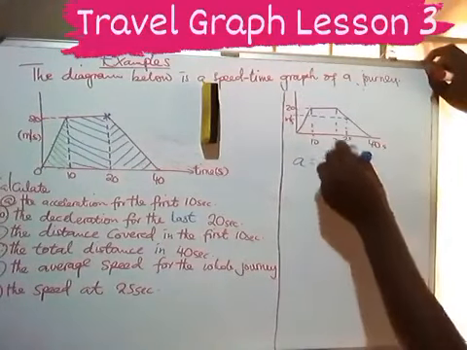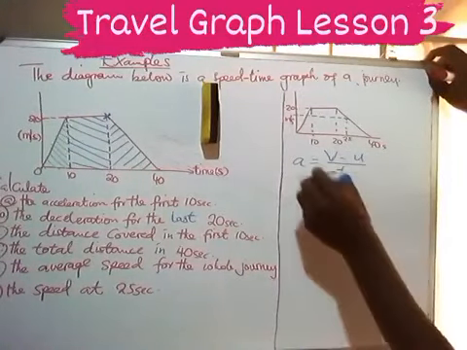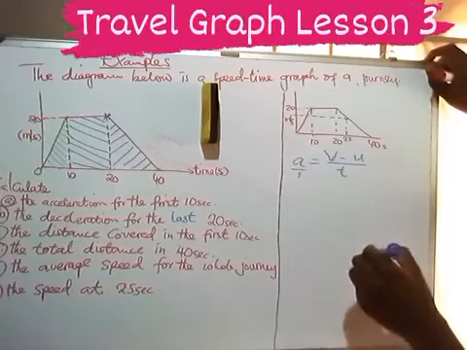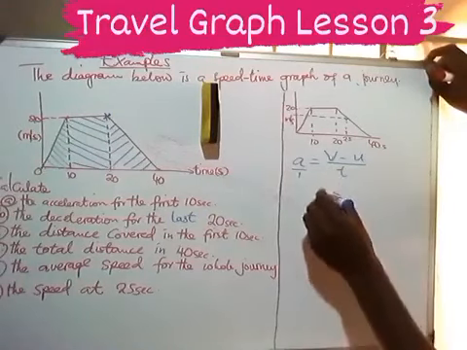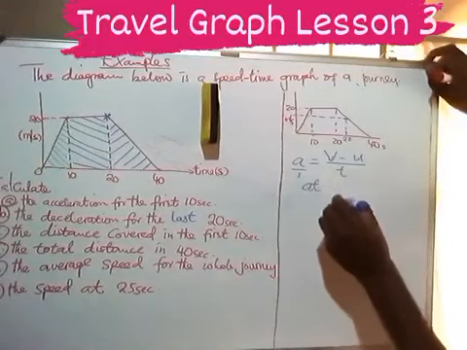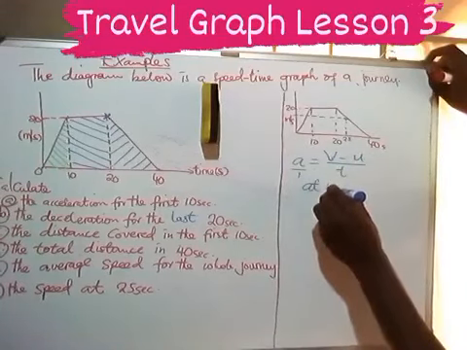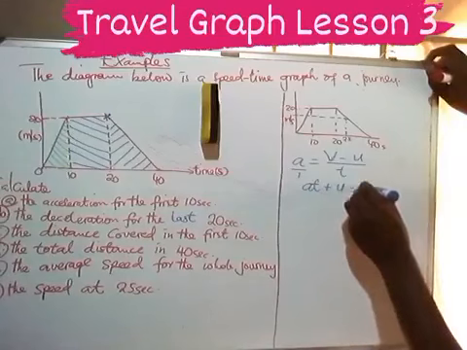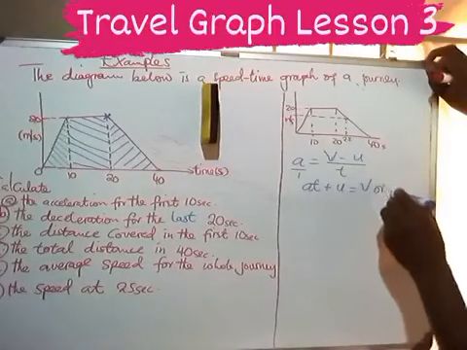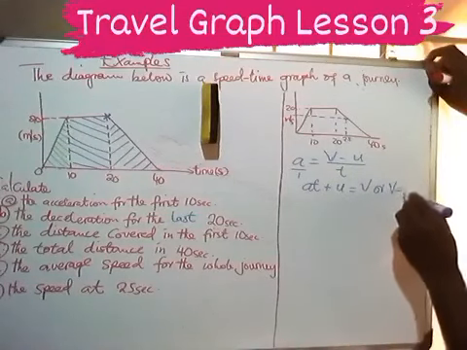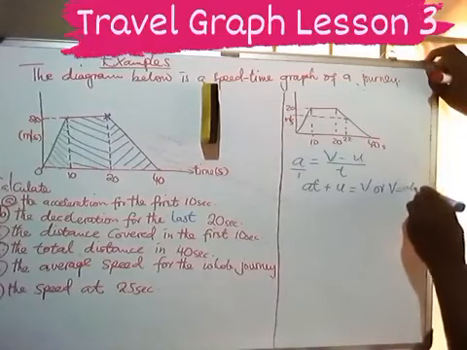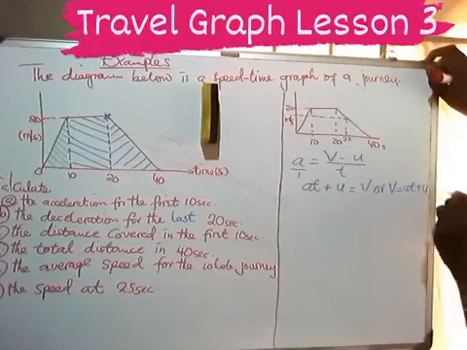So we're going to make this the subject of the formula by cross multiplying. This one times this one, we have at. Then the other side comes this side, plus u is equal to v. Or it can be written as v is equal to at plus u.